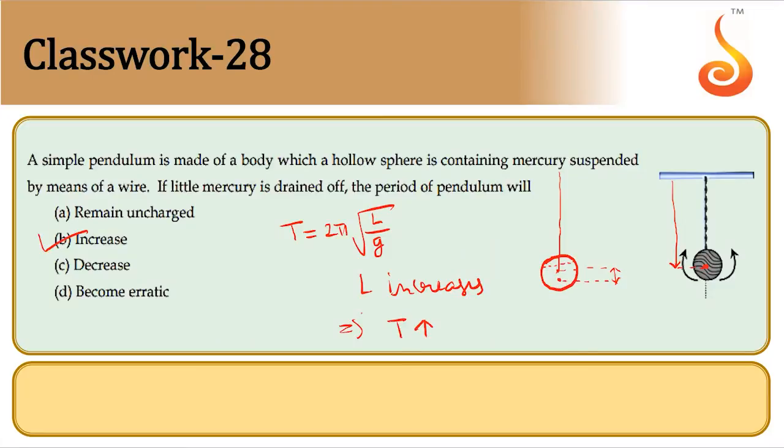Notice one thing: simple pendulum time period doesn't depend on mass of the bob, but it depends on position of center of mass of the bob. So when a little mercury is drained off, center of mass of the bob shifts downwards.